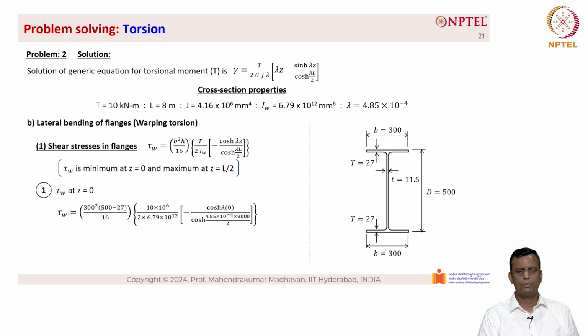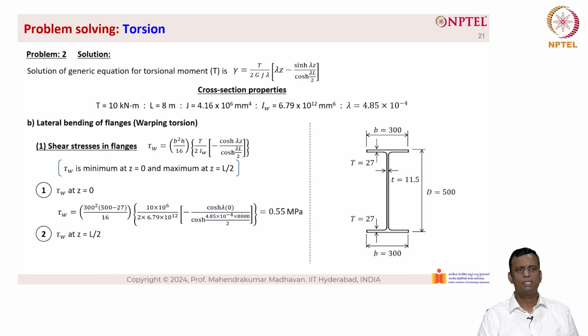So when we substitute it, we have 300² into 500 minus 27 divided by 16 into 10 into 10⁶ divided by 2 into 6.79 into 10¹², which is the Iw, into minus of cosh of λ times 0 divided by cosh of 4.85 into 10⁻⁴ into 8000 by 2. When we do so, we get a very minimum value of 0.55 MPa.